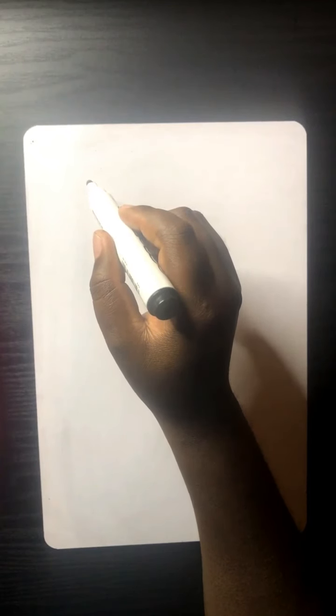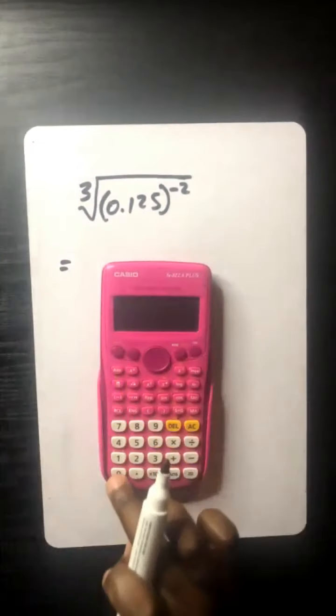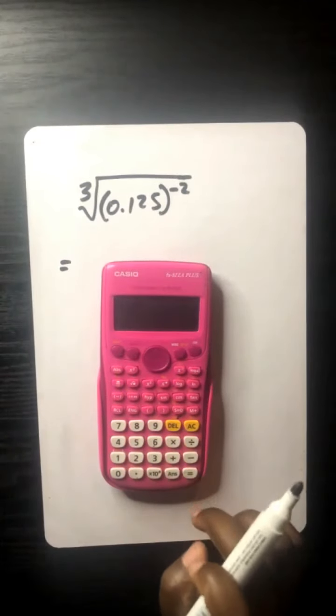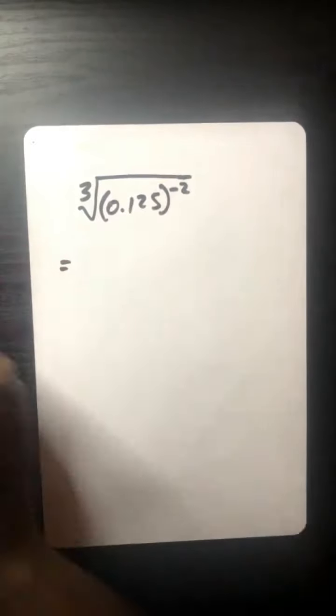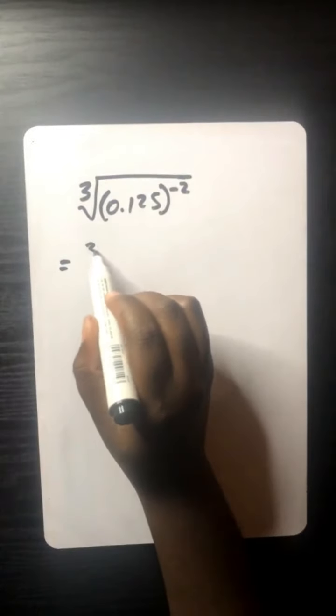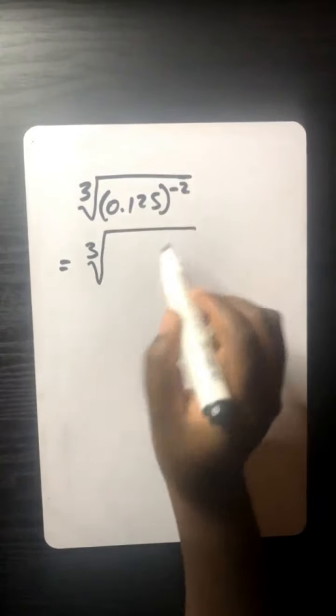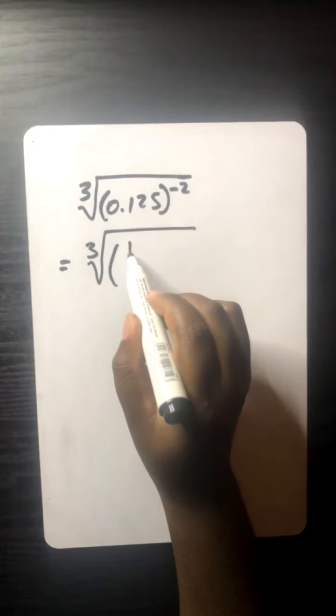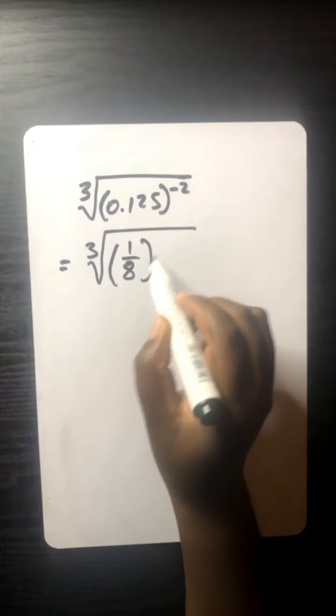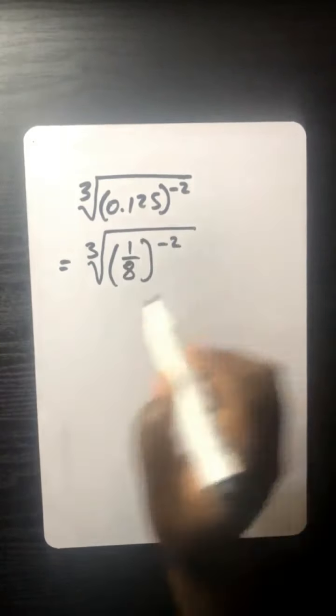Remember, guys, when you simplify, you don't want anything in the form of a decimal. So punch this on a calculator and see what it is in fraction form. So take your calculator and say 0,125, it equals, this is the same as 1/8. Then rewrite it in that form, to say cube root of 1/8 to the exponent -2.